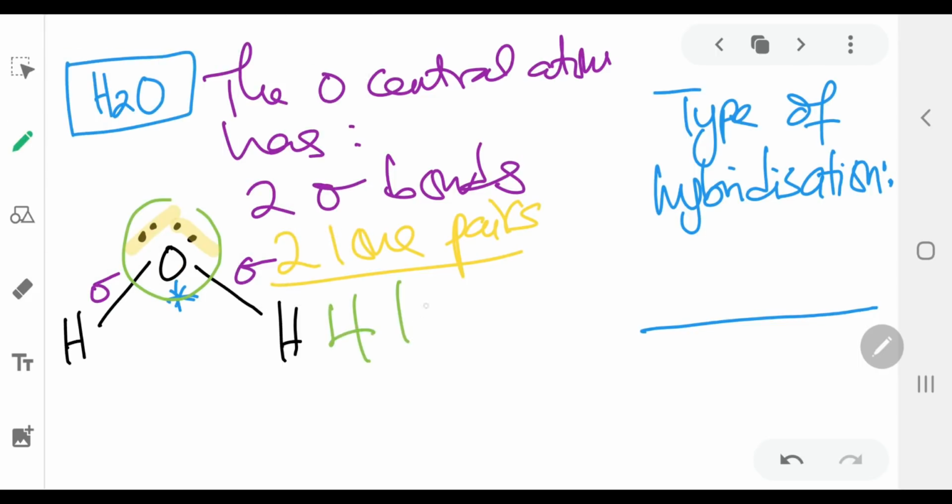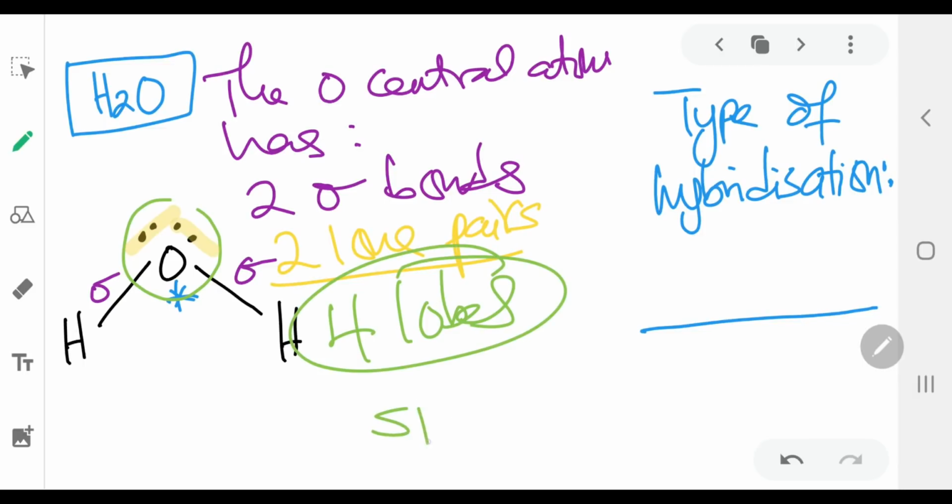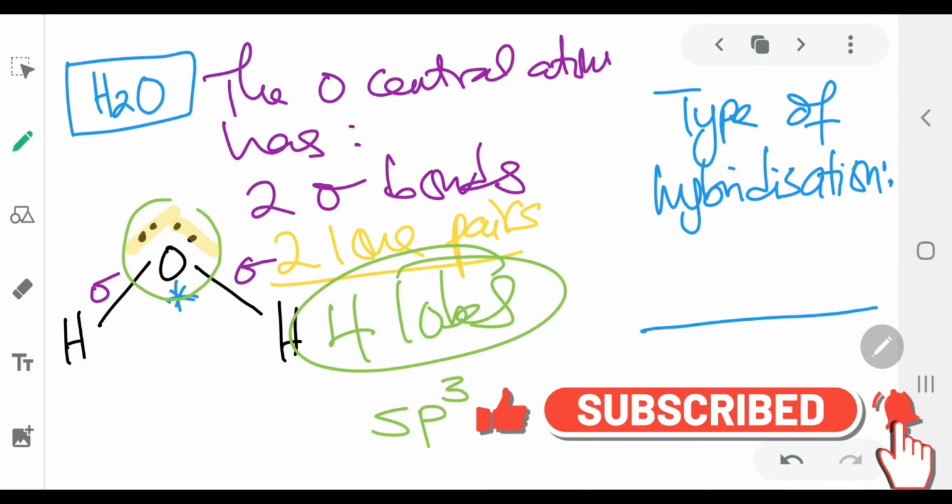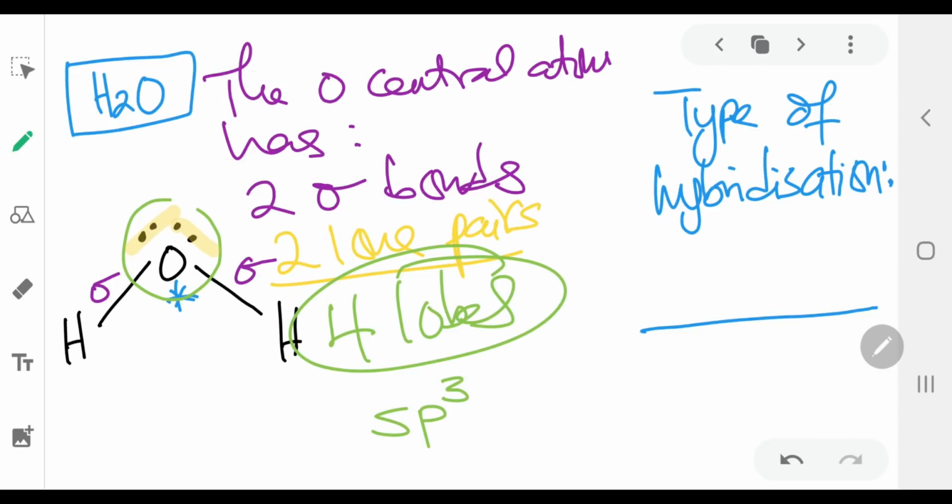You have 4 lobes. So for 4 lobes, we have SP3. We do not have SP4 because pure p orbitals have only 3 orientations: px, py, pz. That's why you only have until 3. SP3 hybridization right over there.